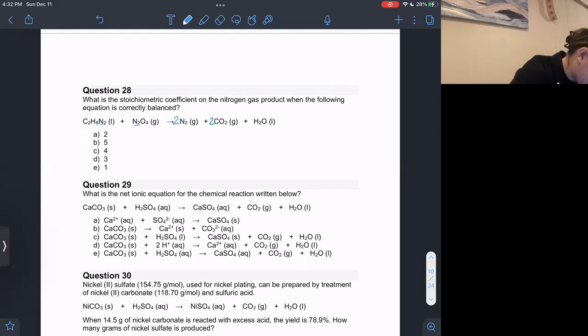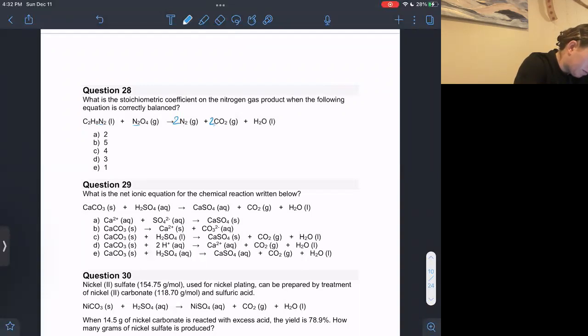Okay, so let's look at how many oxygens I have. So I have 4 oxygens, 5 oxygens. Oh, that's going to be odd. I guess I should balance. Because this is going to be odd, this needs to be an even number in order to make it even.